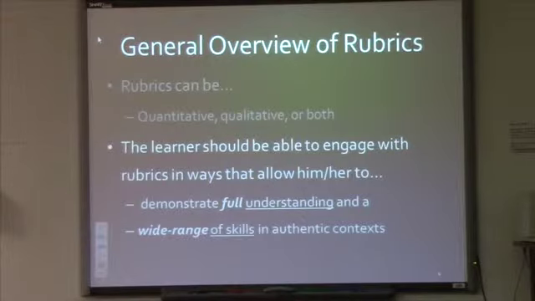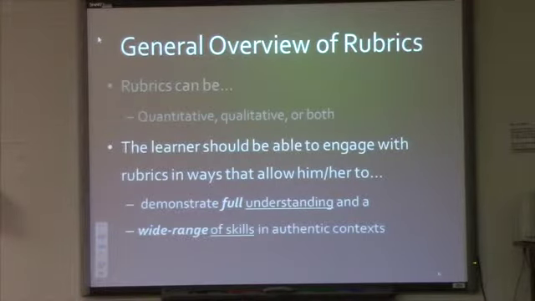Individually, the learner as an individual, and then the learner within an environment that's inclusive. So let's start with the individual first. If you are working with only one individual, how would you explain full understanding or wide range of skills if you were writing some sort of narrative?